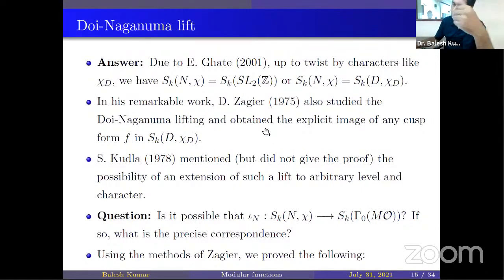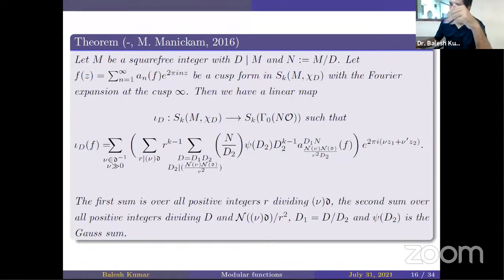That means this lifting, which is directly given in terms of a general cusp form, commutes with the Hecke operators. So one can generalize this lifting to level m with character chi_D, which can be lifted to a Hilbert modular form of parallel weight k, and the level will be m/D. So here N is m/D.